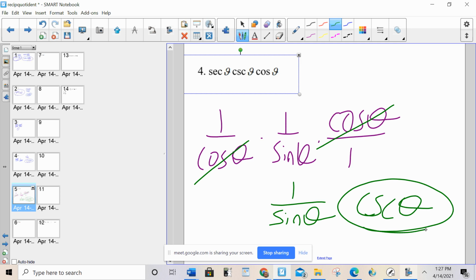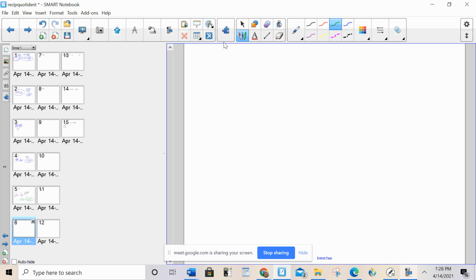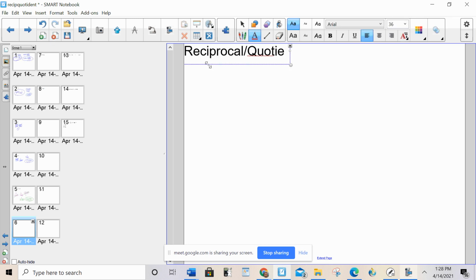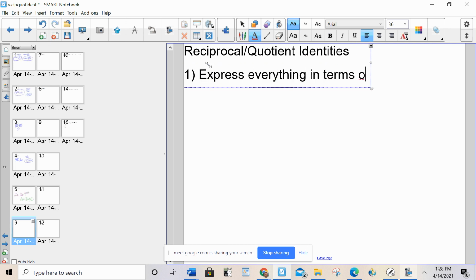Express everything in terms of sine and cosine. Cancel stuff out. Clean it up. Let me put that into the notes somewhere. So for reciprocal and quotient identities: one, express everything in terms of sine and cosine.